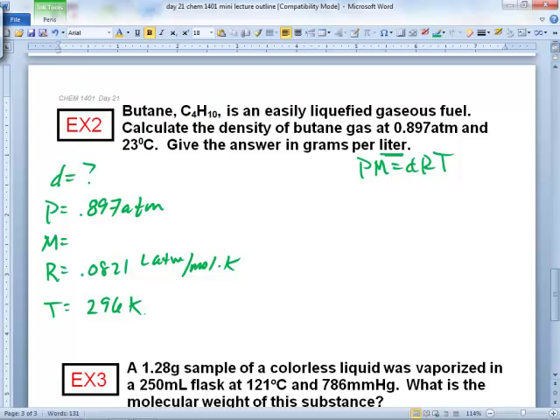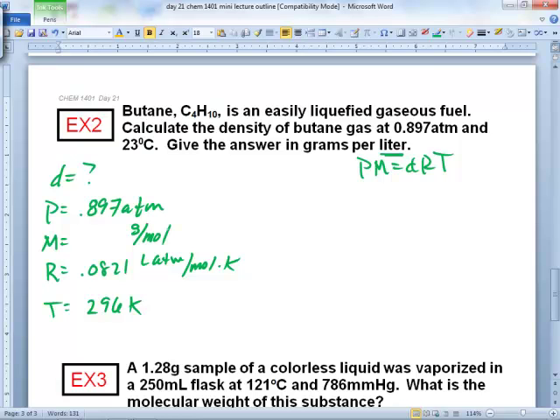The only thing we're missing is the M. Let's give someone else a shot here. Aaron, how are you going to get big M? It's got to be grams over moles. It's the molar mass.